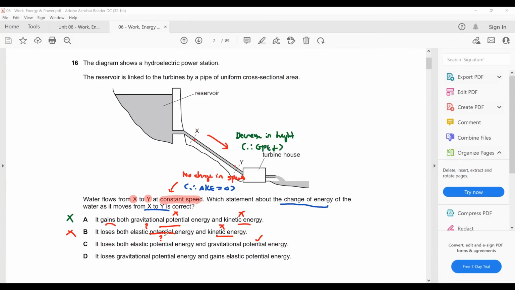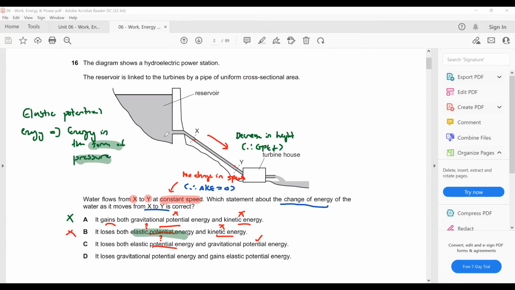Let's talk about the elastic potential energy part now. Is it correct to say that it loses elastic potential energy? Now, the elastic potential energy that they're talking about here is energy in the form of pressure.